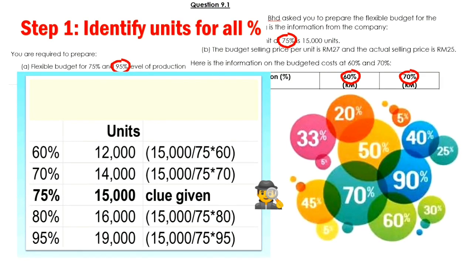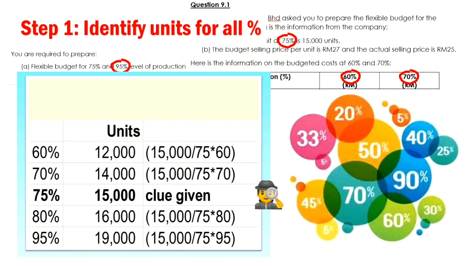In order to identify how many units are produced at 60% level, we use the clue of 15,000 units produced for 75%. So 15,000 divided by 75 gives 1% in units, and we times it by 60.